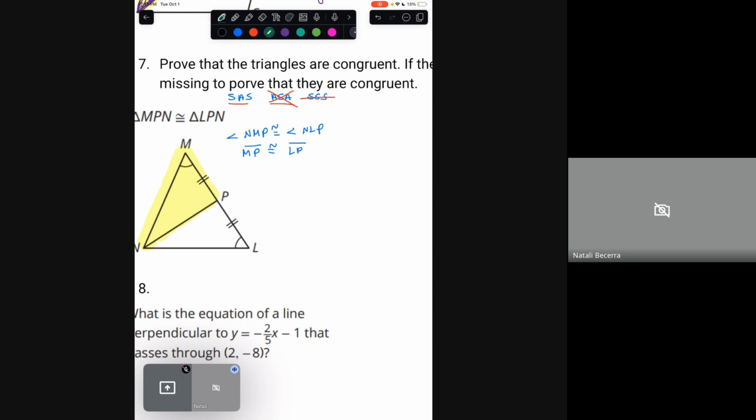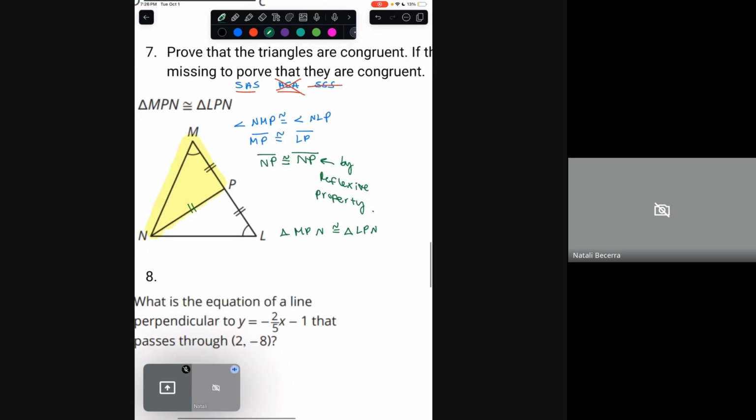They share this side. NP is congruent to NP, and this is by the reflexive property. So you can say triangle MPN is congruent to triangle LPN.